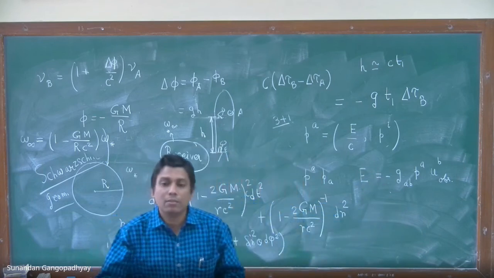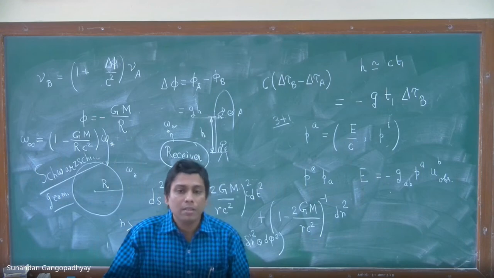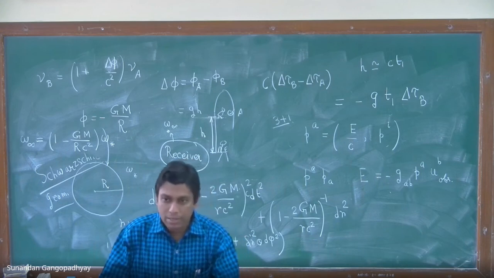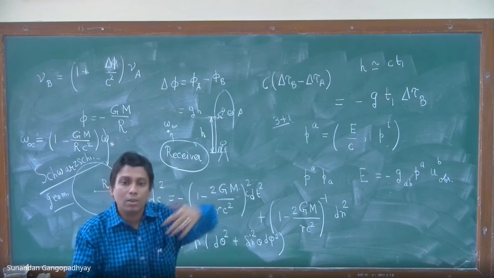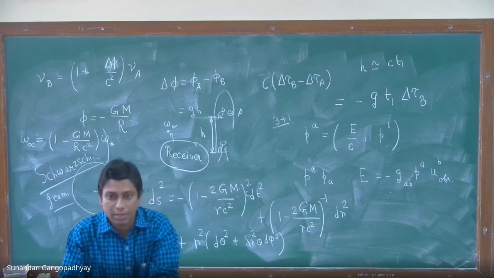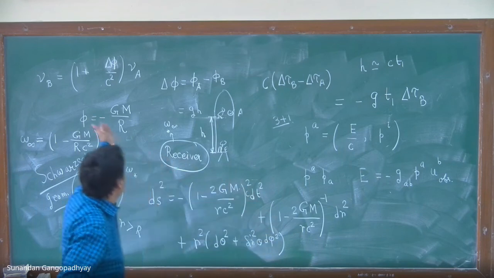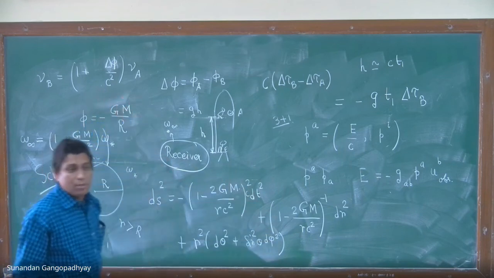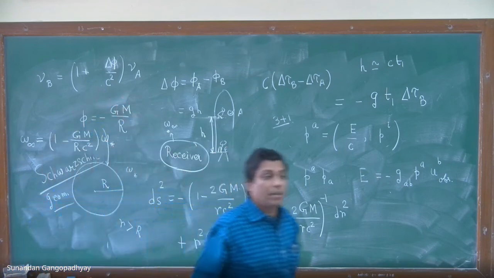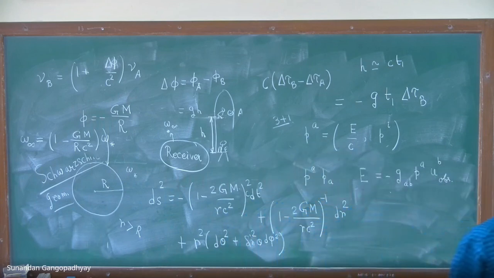Energy smaller means you are going to the long wavelength limit, so it is redshifted. So the gravitational time dilation that we obtained here is once again the same as gravitational redshift.